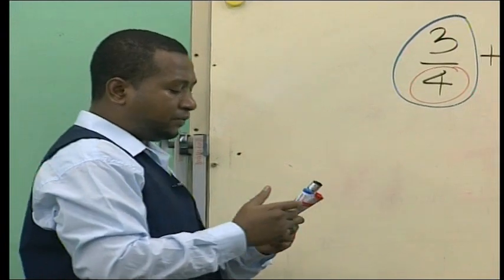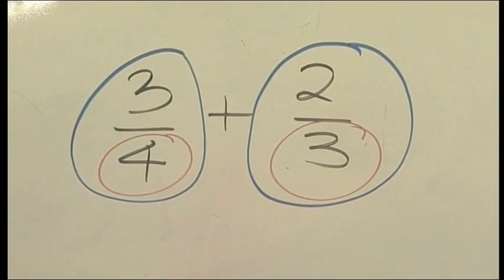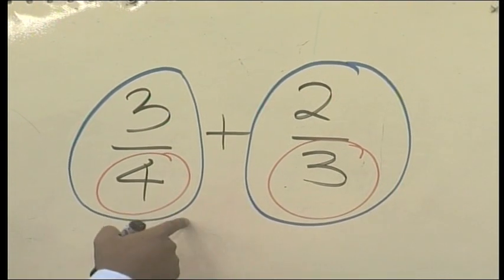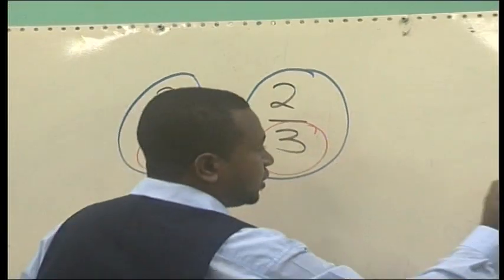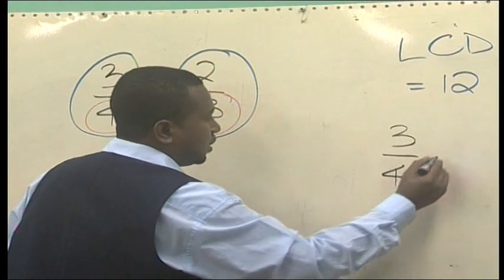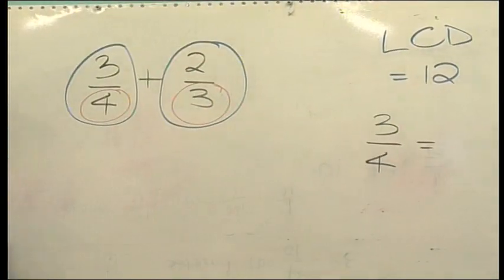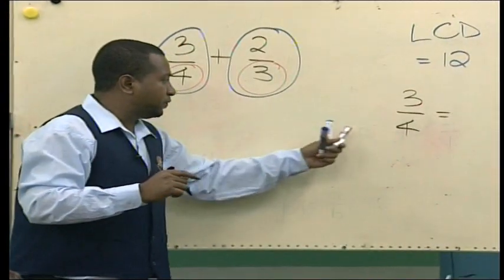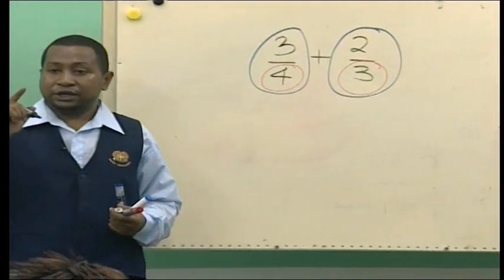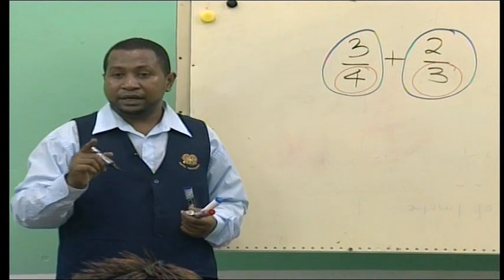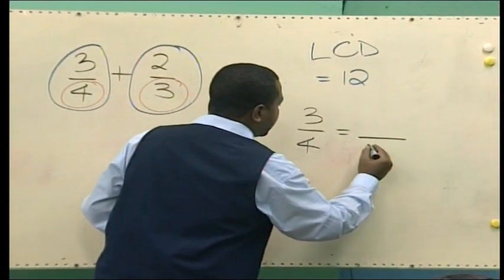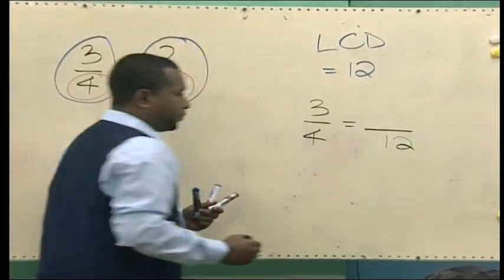Firstly, we are going to find the equivalent of the first fraction, which is 3/4. Remember, to find the equivalent fraction, our denominator will be 12, because that's our lowest common denominator.